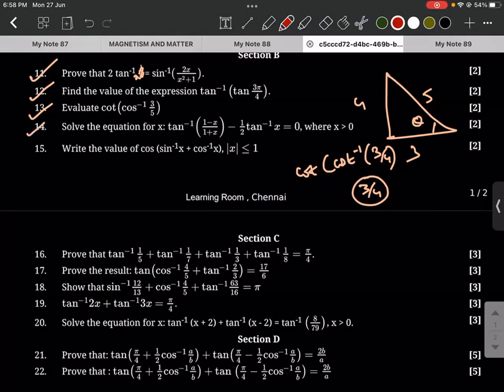See, the 14th one. Can you guys do it? Solve or find x.